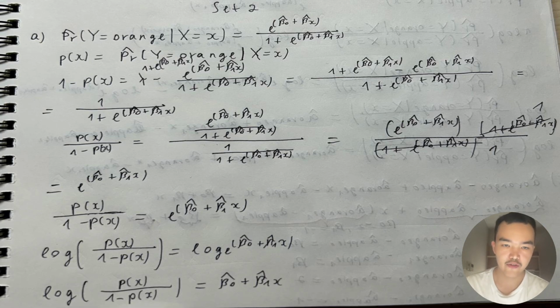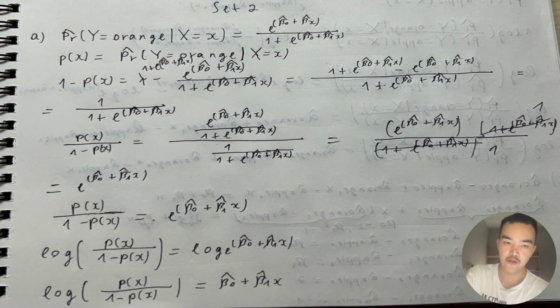The second step is to find the ratio p(x) divided by 1 minus p(x). When we divide p(x) by 1 minus p(x), we need to simplify our ratio, and we will obtain e to the power of beta 0 plus beta 1 x.